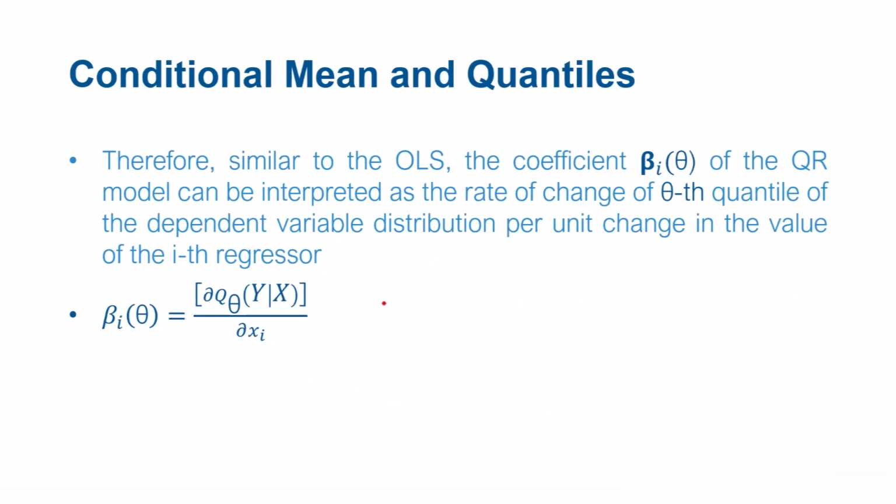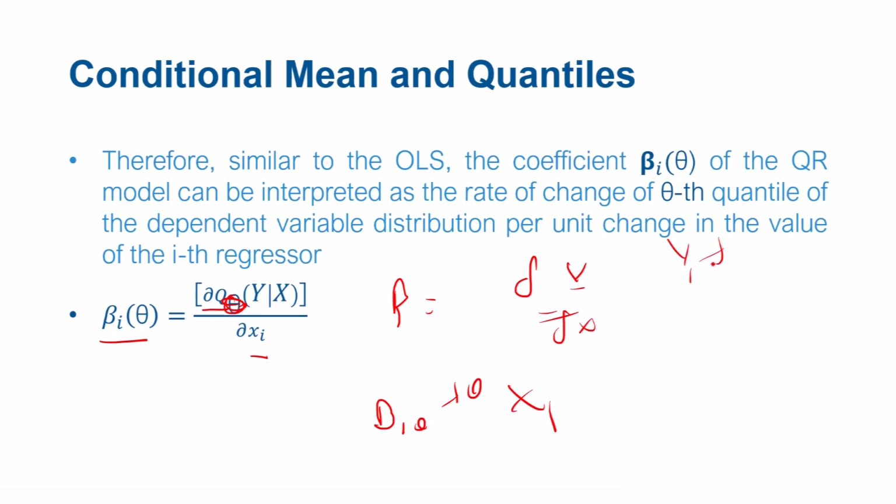So, for example, in regression, we said beta is partial del y by del x. Similarly, here also beta is nothing but the partial differential of y with respect to xi for each quantile. So it is specific to quantile. For each quantile, when you get a particular estimate, let's say beta 1 theta for a quantile theta for variable x1, this would mean the relationship between y1 and x1 at quantile theta is governed by beta 1 theta.